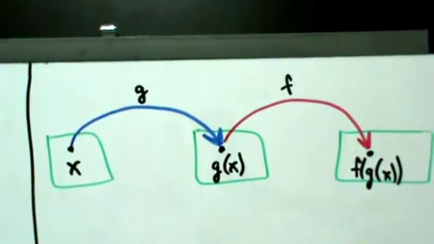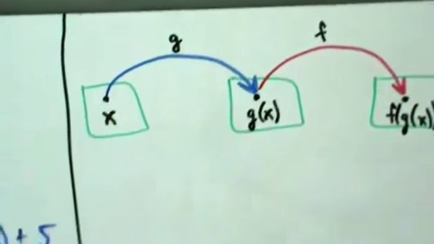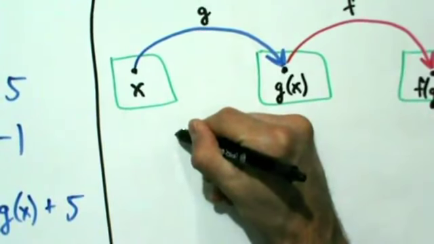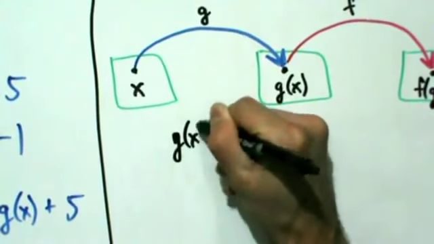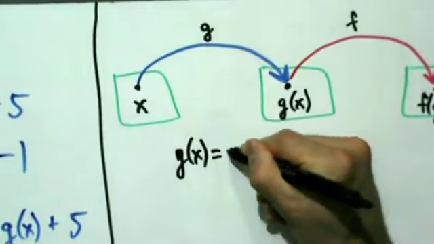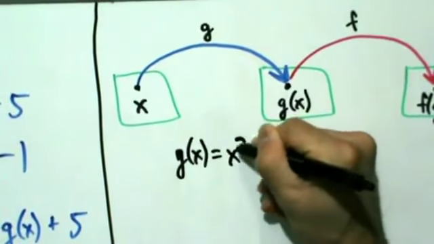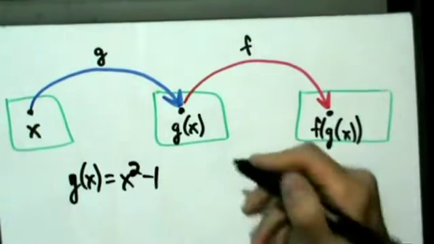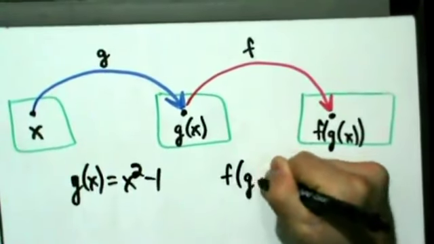So what are we doing with this? Well, now let's rewrite g of x over here. So g of x, we know from over here, is x squared minus 1. Now let's come over here and write f of g of x.